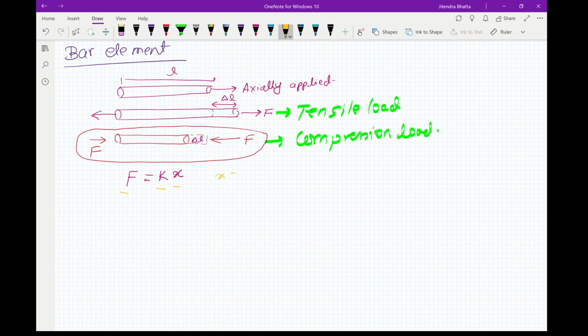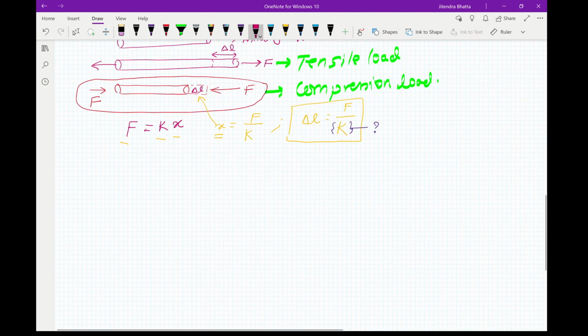Then what you get is x equals F by k. Now x equals delta L here, so the elongation delta L equals F by k. Now we have to find what k is.